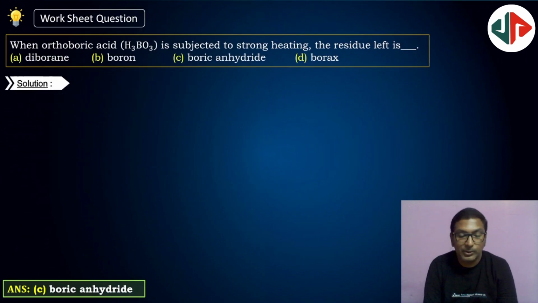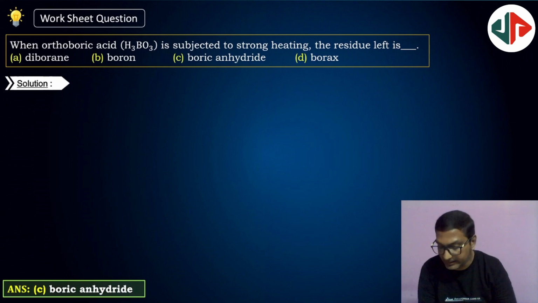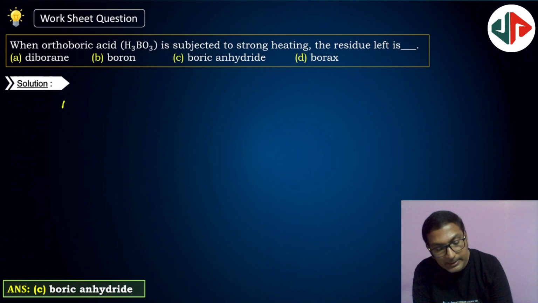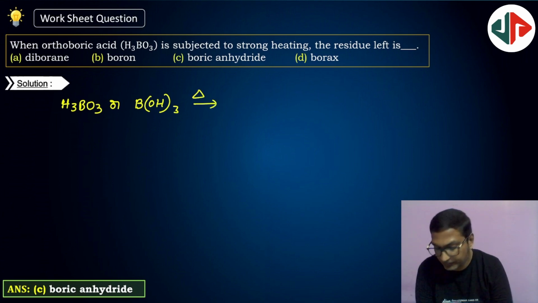When orthoboric acid is subjected to strong heating, the residue left is... Orthoboric acid means H3BO3, or we can write it as B(OH)3. On strong heating it releases water and gives HBO2, metaboric acid.